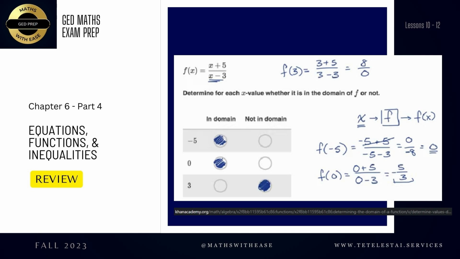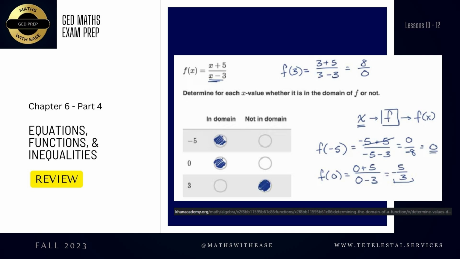Anytime you have 0 in the numerator, you know that the resultant outcome, or the resultant quotient, will always be 0, right? So 0 divided by -8 gives you 0. So we say that -5 is in the domain of this function because we plugged in -5 to get 0.